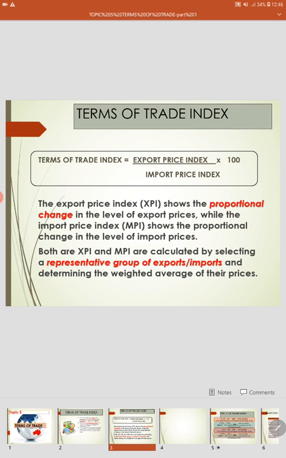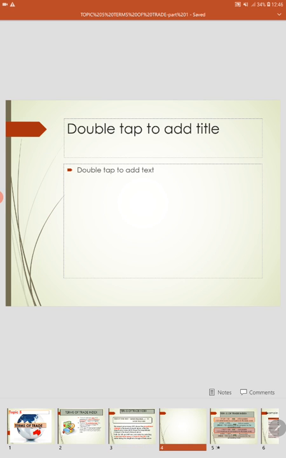So the formula is export price index over import price index times 100. Let me show you an example. Say, for instance, the export price index is 110 and the import price index is 105. How do we calculate our TOT?